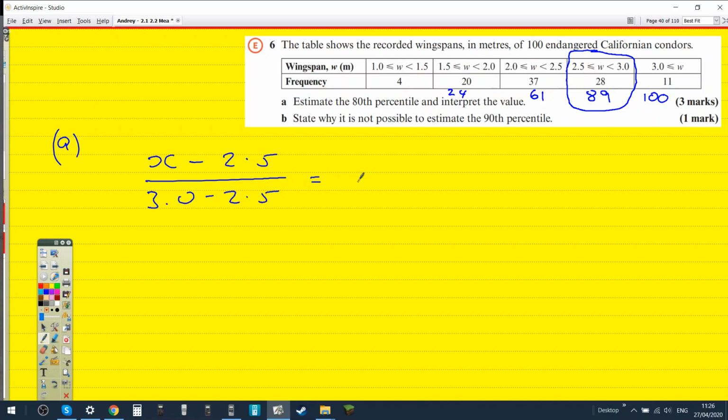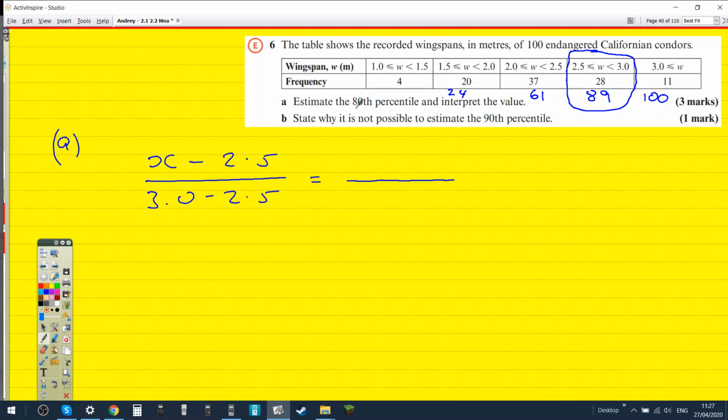Is equal to position. 89. No, we never actually found the... Well, you don't really need to. It's out of 100, I suppose. It's not 89 though. Sorry, I thought it was going to be in the other group, the 2 to 2.5 group. So the first 61 things are in there, so anything after that will be in the next group.